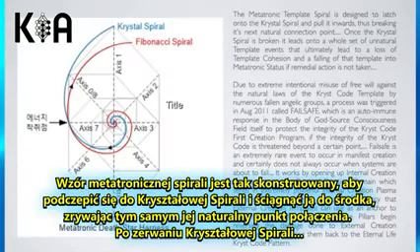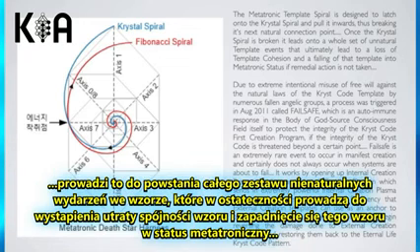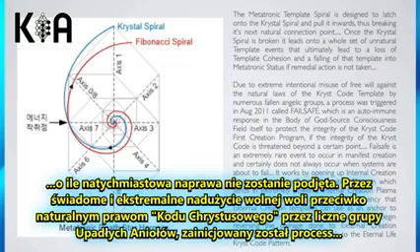So the Metatronic template spiral is designed to latch onto the crystal spiral and pull it inwards, thus breaking its natural connection point. Once the crystal spiral is broken, it leads onto a whole set of unnatural template events that ultimately leads to a loss of template cohesion and a falling of that template into Metatronic status if remedial action is not taken.